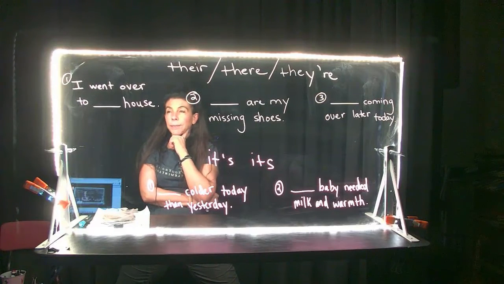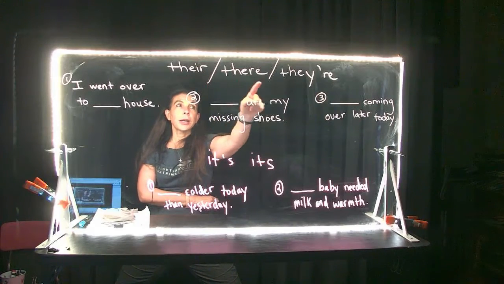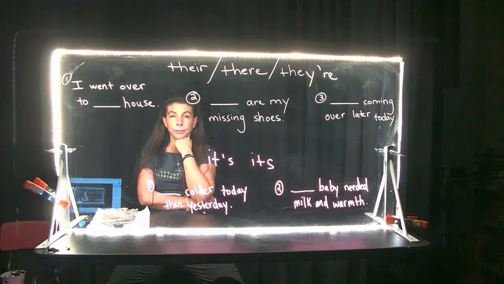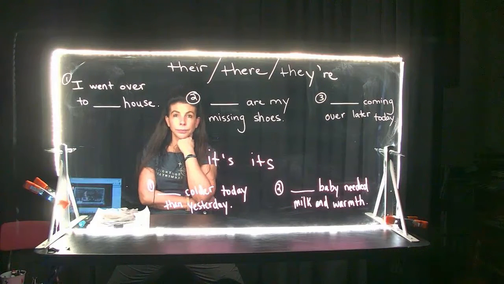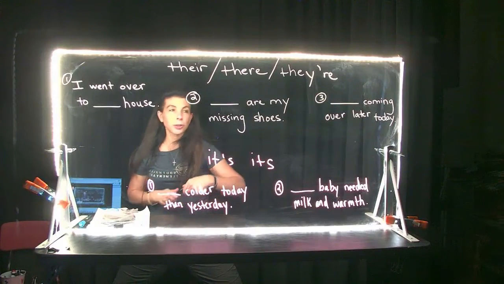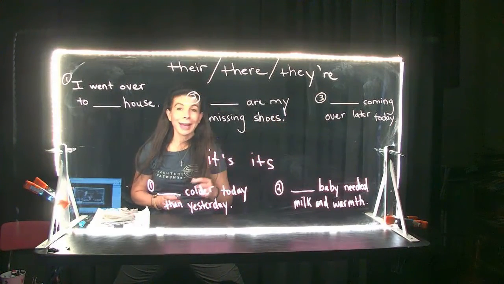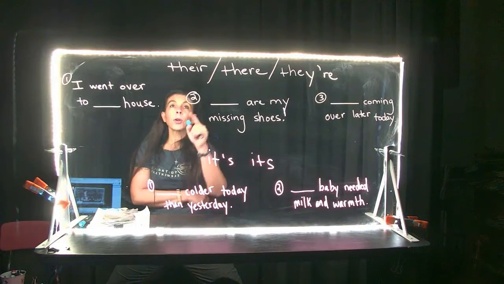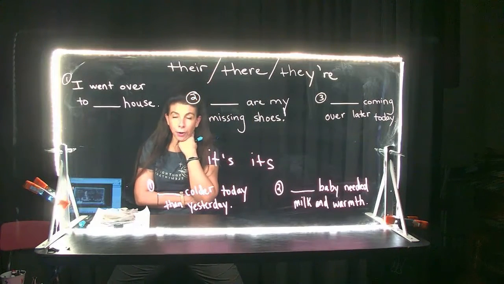Sentence number 1. I went over to their house. Which there is it? I went over to their house. Sentence number 2. There are my missing shoes. I probably should have put an exclamation point there. There are my missing shoes. Which there?